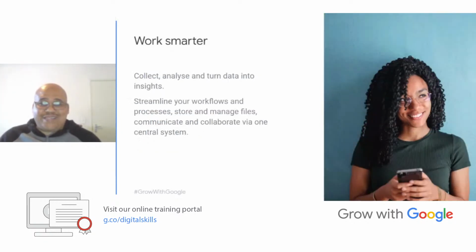Now we look at working smarter. You use Google Workspace to help your team work smarter and not harder. You can collect, analyze, and turn data into insights, both from customers and from your team. You can harness your data and knowledge to make better decisions, streamline your workflows and processes, store and manage files, communicate and collaborate with one central system.